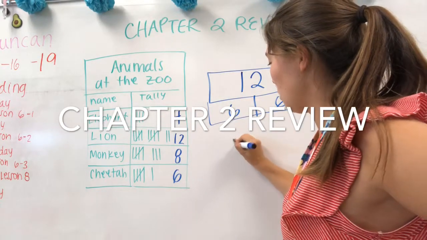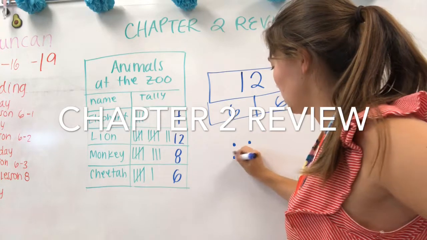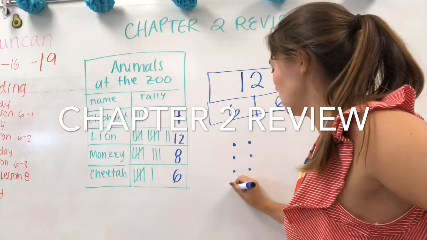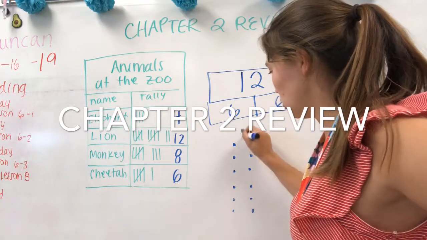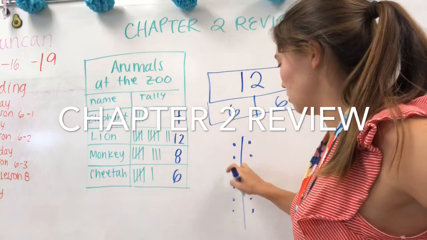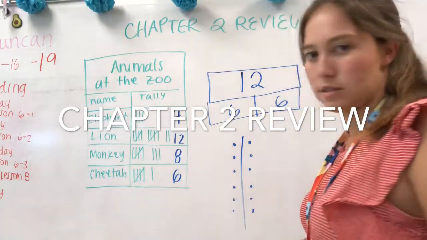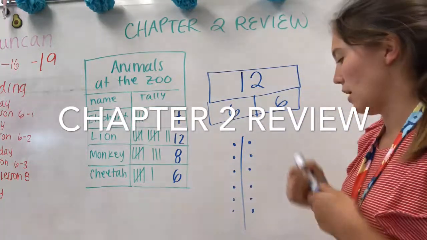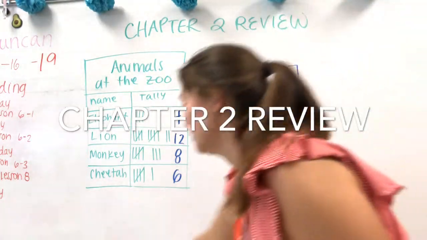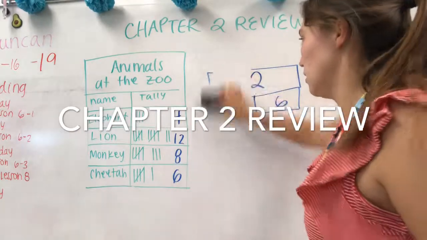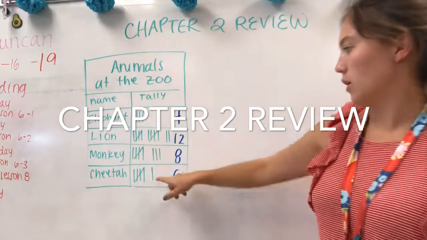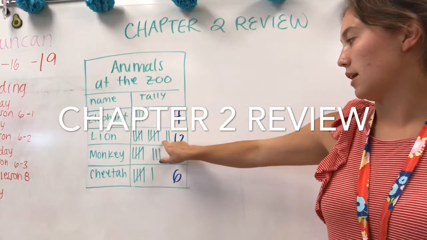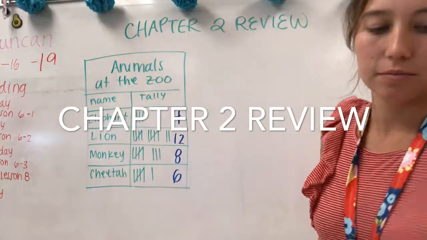Or I could draw out 12 dots in 2 rows. 1, 2, 3, 4, 5, 6. 6 in each row. So half of 12 is 6. So that one would be true. There were twice as many lions as cheetahs.